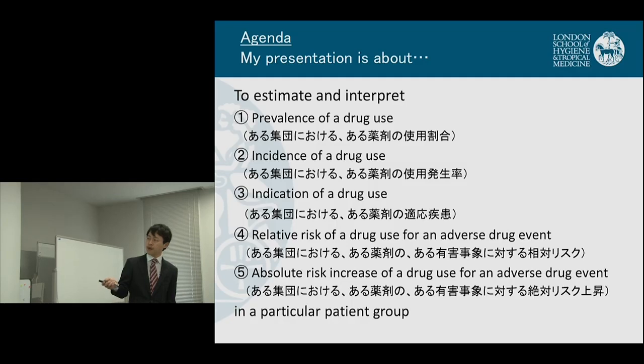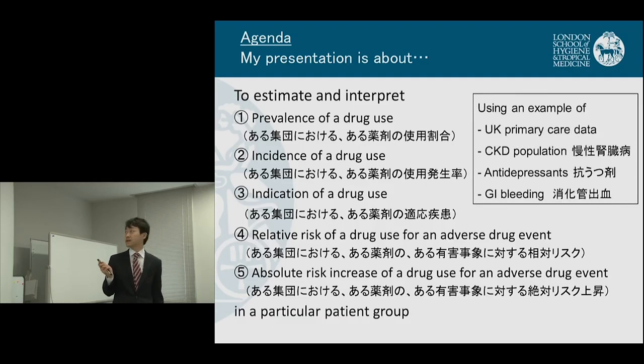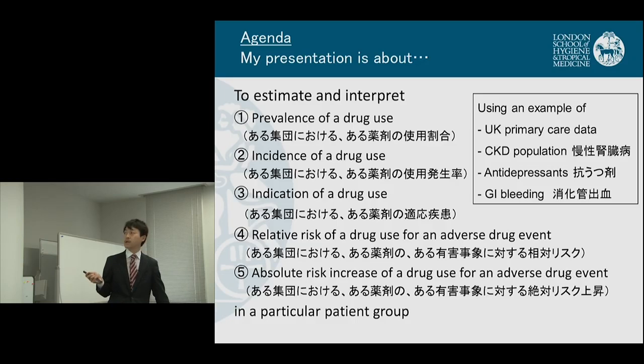I also estimate the relative risk of a drug and the absolute risk increase or excess risk of a drug for one adverse drug event, using my example of UK primary care data, the chronic kidney disease or CKD population, and antidepressants and gastrointestinal bleeding. This is just my example, but I hope that you will apply my methods to your own research using another example, such as the Japanese JMDC database, diabetes population, antibiotics and heart disease, and so on.